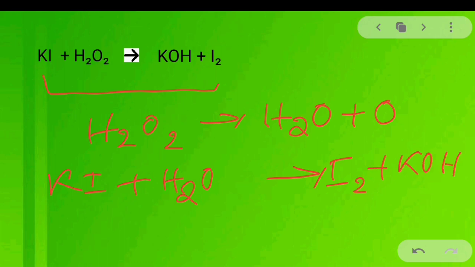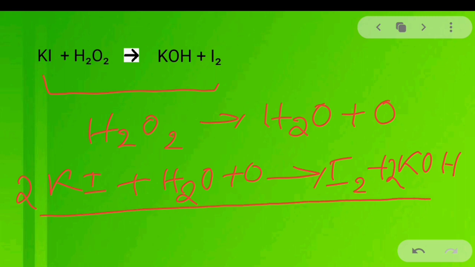Now to balance the I2, I'll multiply it with the 2. Now to balance the potassium, please multiply it with the 2. Now the number of hydrogen atoms is 2, but oxygen atom is also 2. To balance the oxygen atom, we need to add oxygen atom.